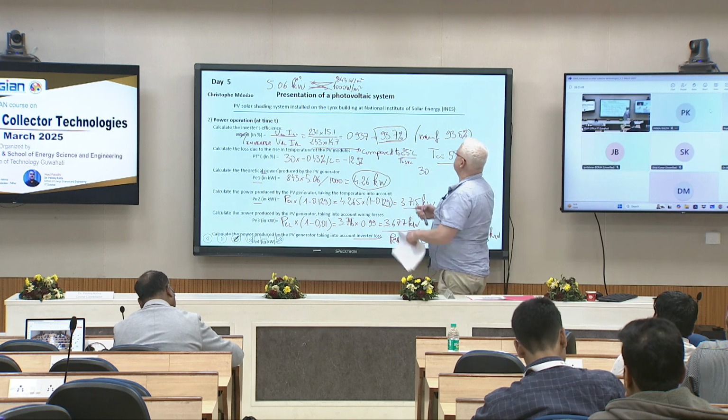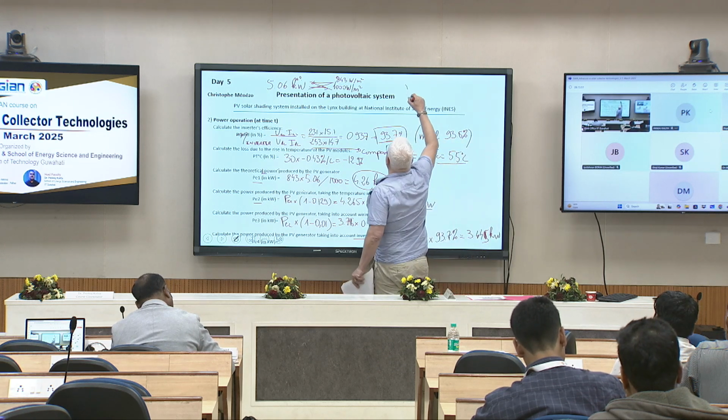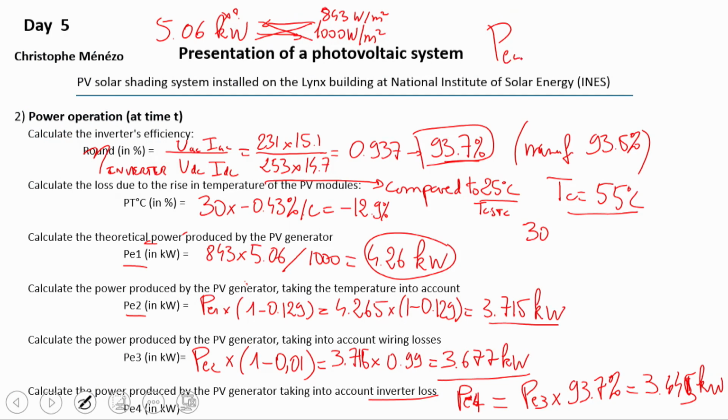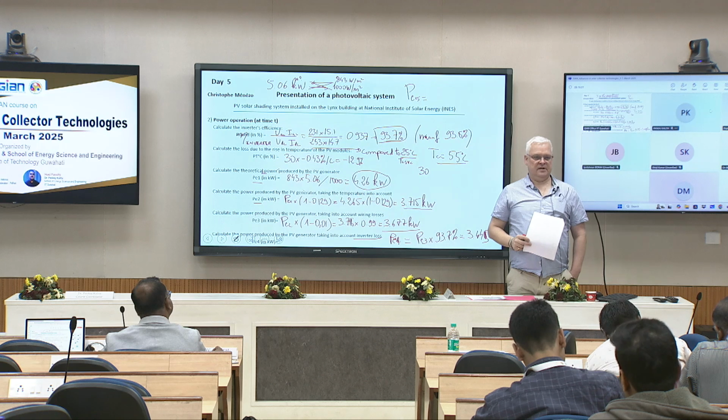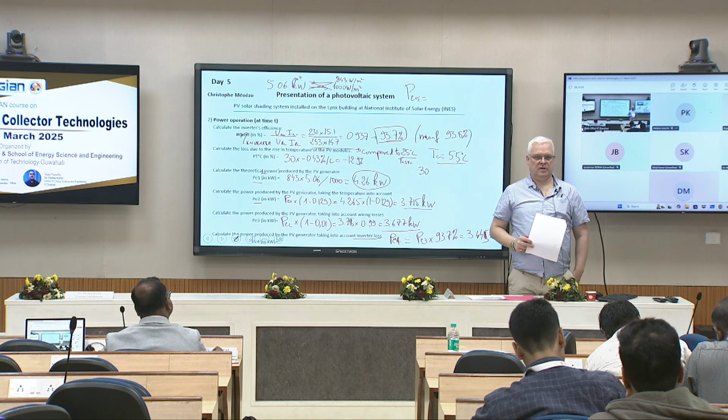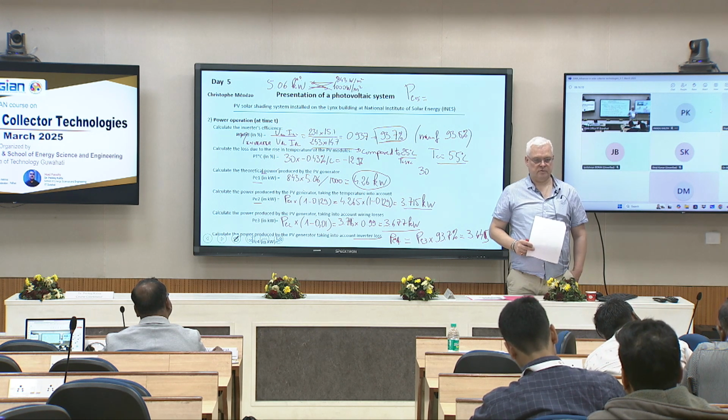To compute another power, which is PE5, which is the power after the inverter. I'm able to compute this power after the inverter. What is the value of this power?